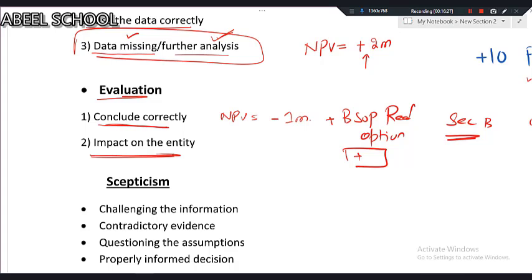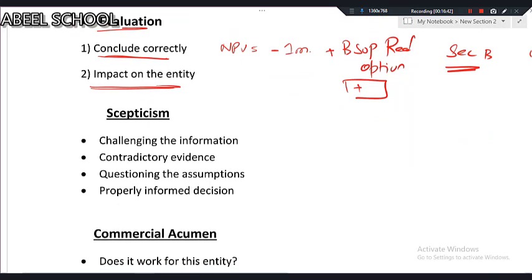So you will be mentioning in the exam that even though financially this project looks very good, it is not having a good impact on the entity, especially it will demotivate your remaining workforce. So you have to discuss these areas also.